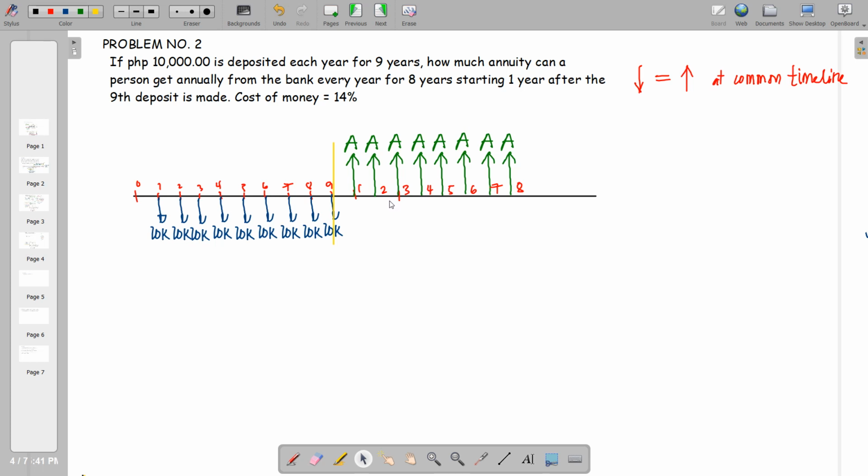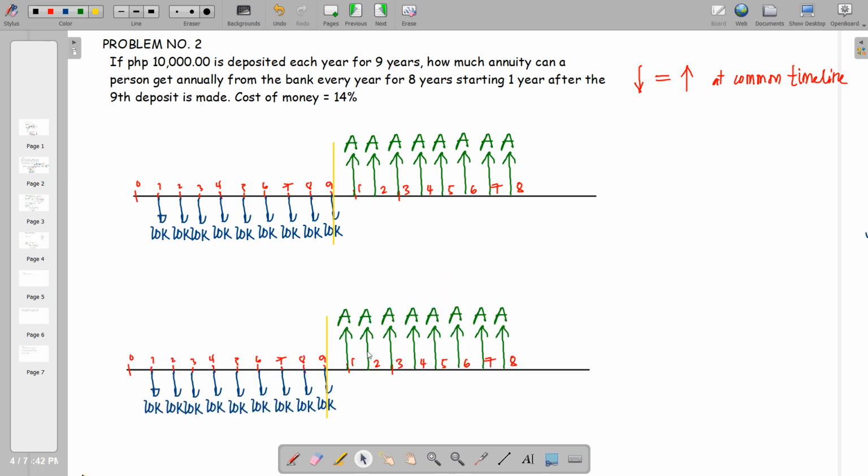Okay, so the most convenient timeline is the 9th year, since dito magsasalubong kaagad yung cash outflow annuities and cash inflow annuities.